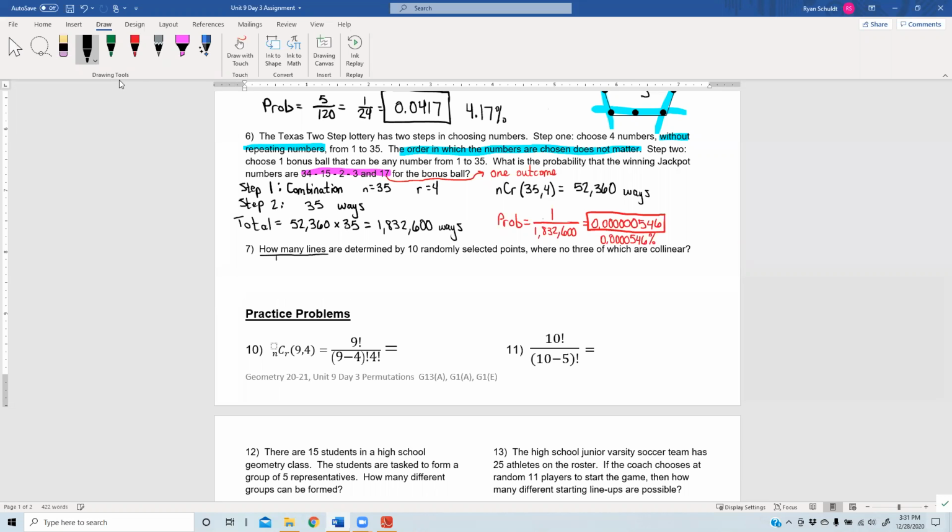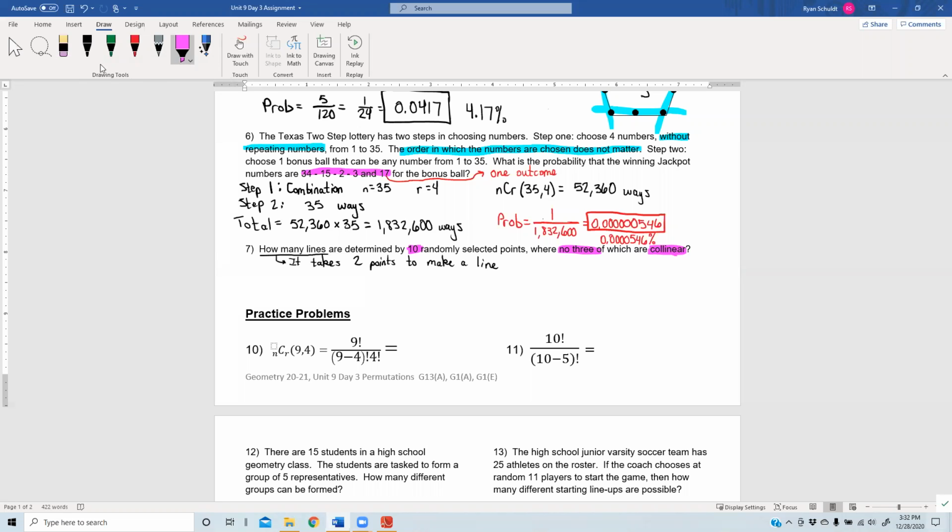How many lines? It takes 2 points to make a line. Okay, we have 10 that we can pick from. We don't want 3 to be collinear.